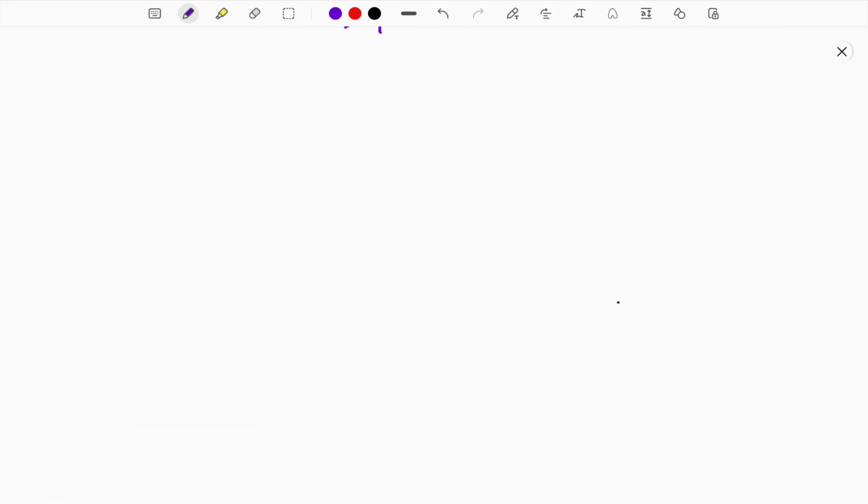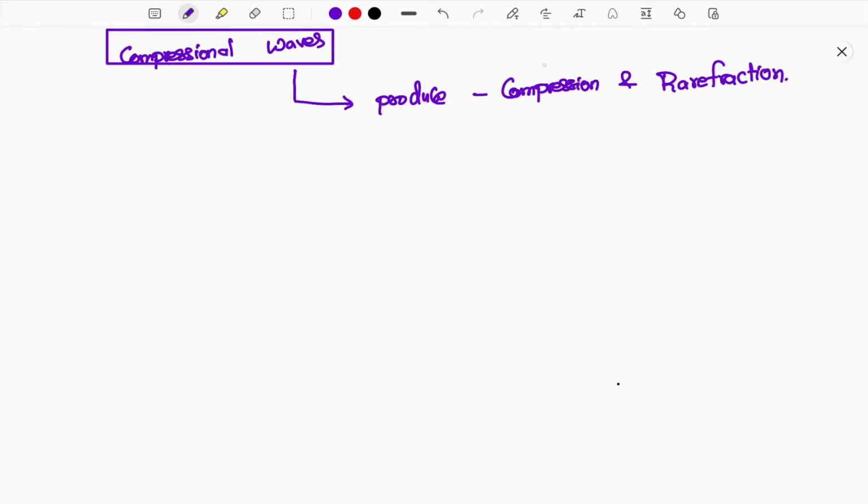Whenever it travels through a medium, it will create compression and also create rarefaction. Because of this nature of the P waves, we call them compressional waves.